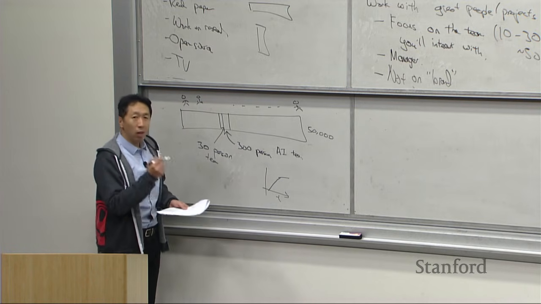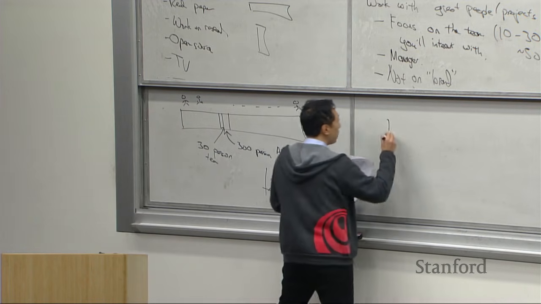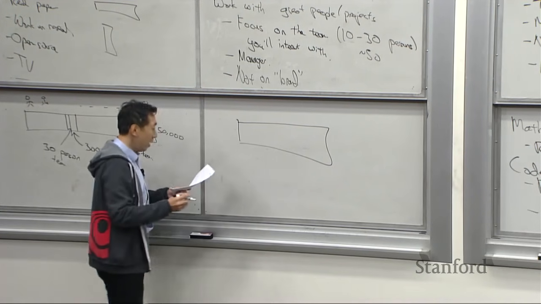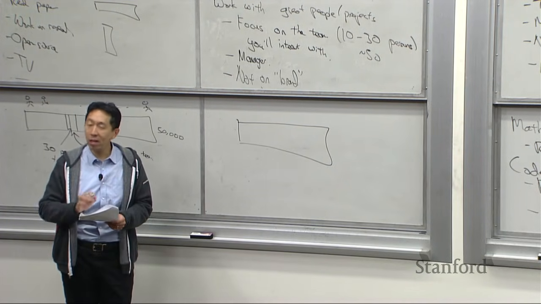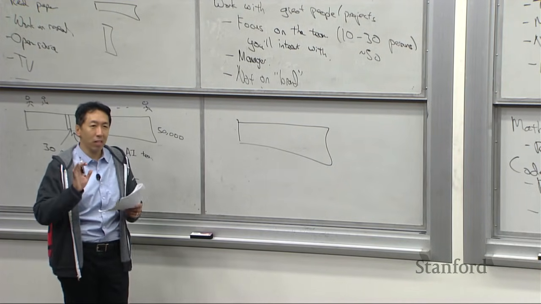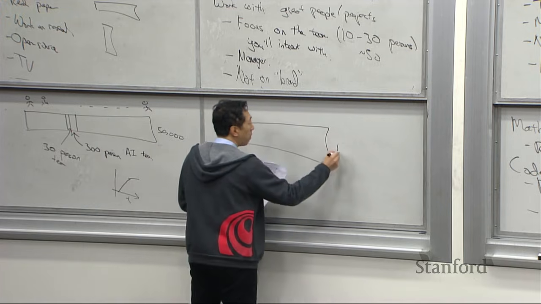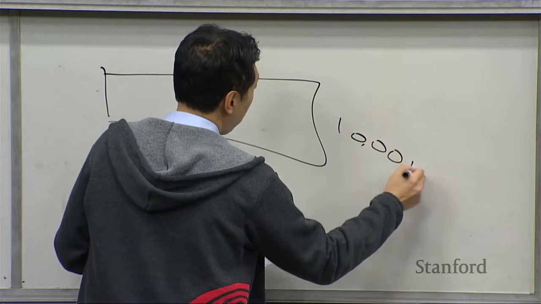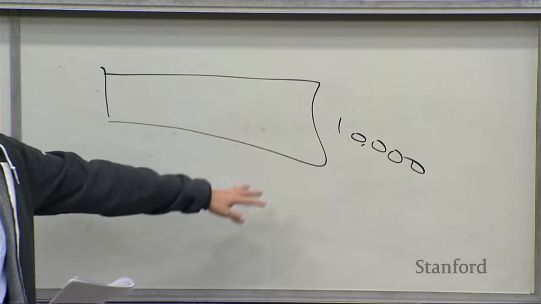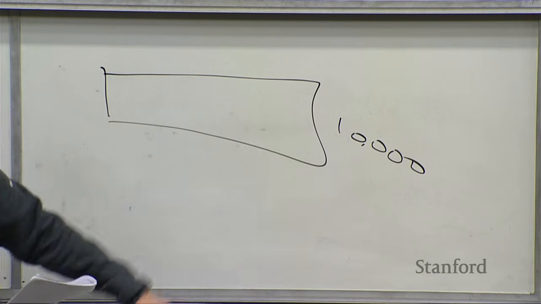Right? Now, on the flip side, there are some companies, I'm not going to mention any companies, with not as glamorous, not as cool brands. Maybe this is a 10,000 person company.